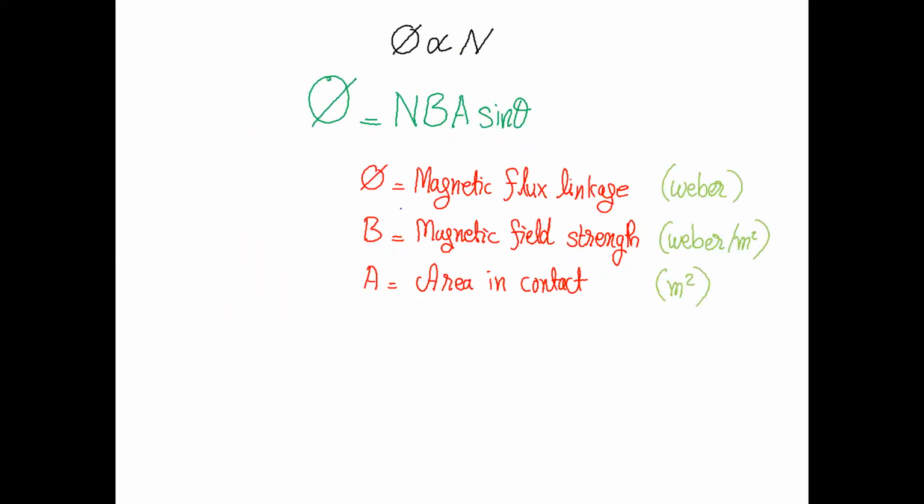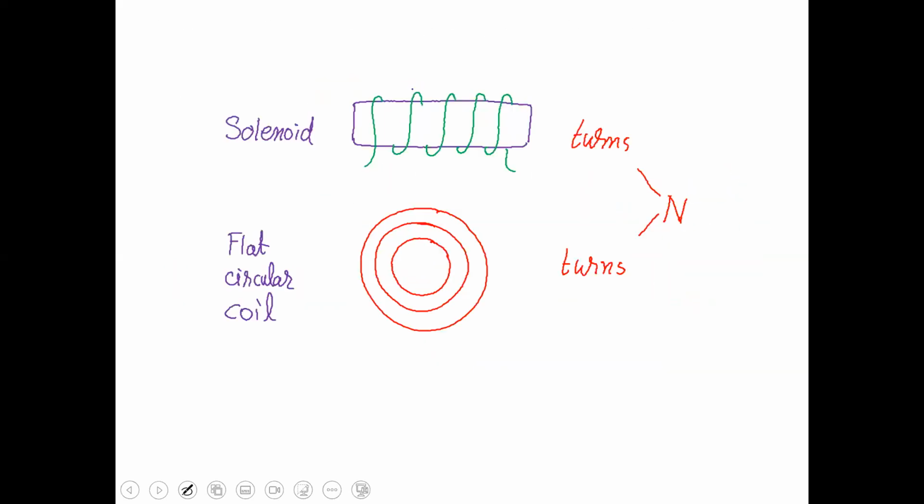So the formula will be like this: phi, flux linkage. Flux linkage is directly proportional to the number of turns. So we will introduce N in our formula, and that will become the primary formula to calculate magnetic flux.